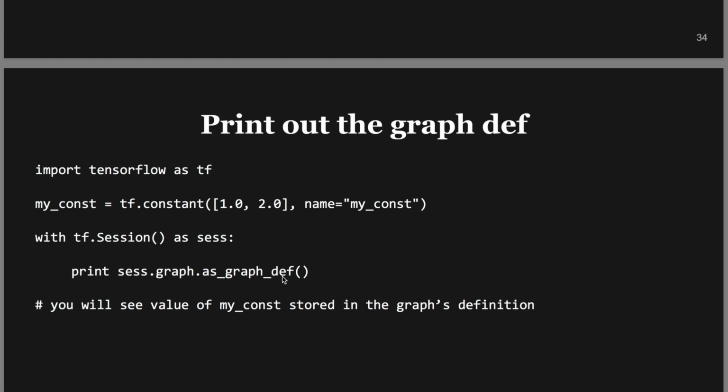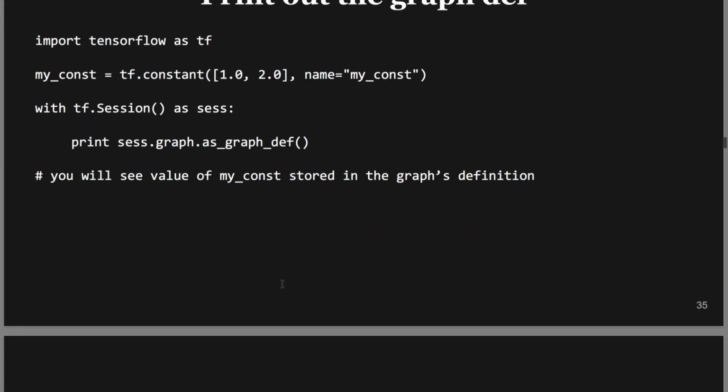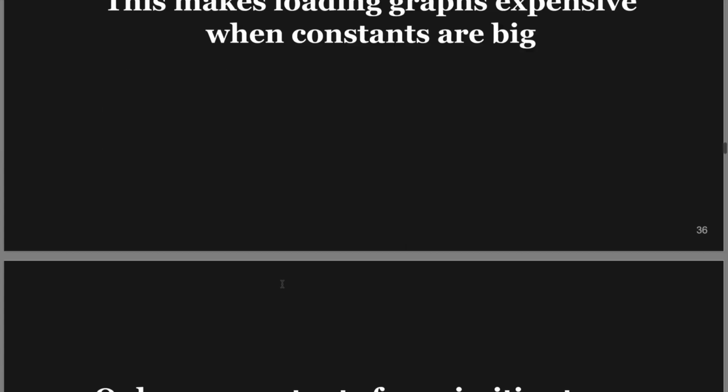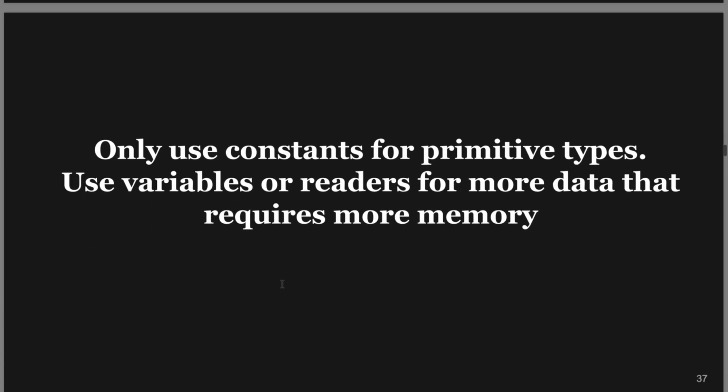It comes back with a serialized version of the graph that you can print out as a string. I would highly suggest that you just open up your interactive session in Python and type this in. You'll see that it shows up with the actual value which is stored in the graph. Now, obviously, when this happens, loading of the graphs, etc., becomes very expensive.